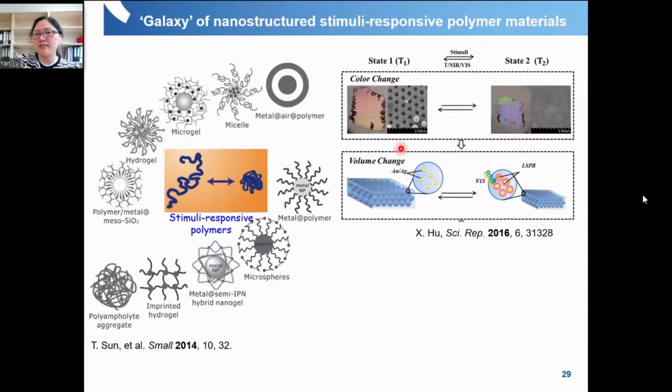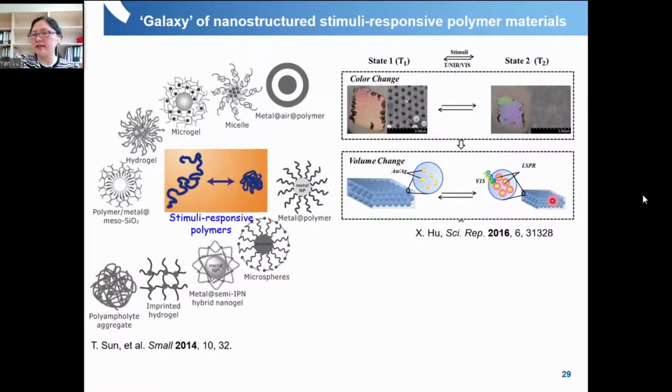So here's one example. They use gold nanoparticles because gold particles are plasmonic. They have a very strong plasmonic effect. Then they embedded these gold nanoparticles into a kind of ordered array structure and embedded it into the hydrogel system. Then when you change either the pH or the light, the hydrogel will start to either swell or shrink.